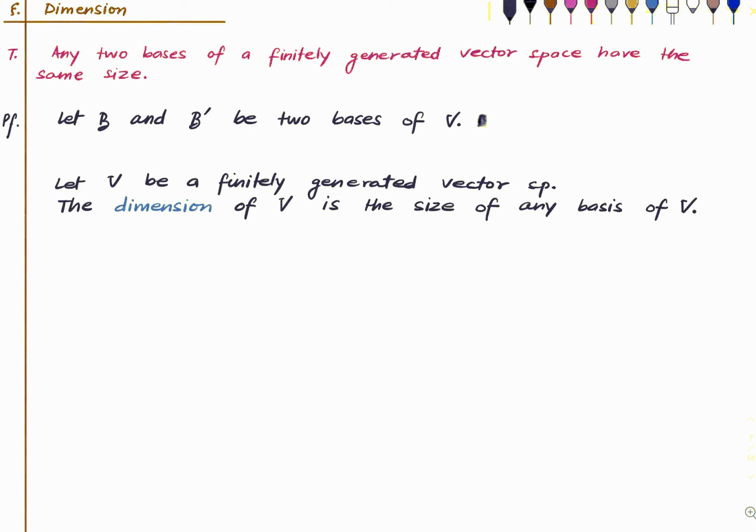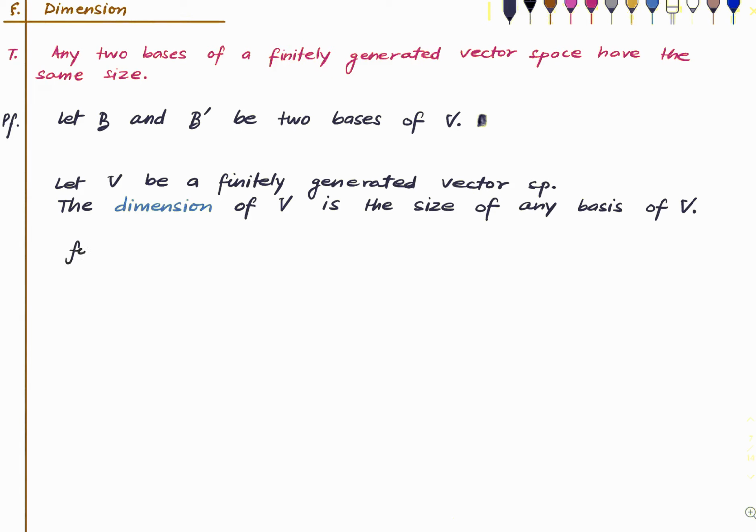Since it is a finitely generated vector space, it has a finite basis. Just take the size of that. That is defined as the dimension of the vector space. This is well defined by virtue of the previous theorem, because no matter which basis you pick, it will have the same size. Okay, and therefore from now on, we will not use this phraseology.